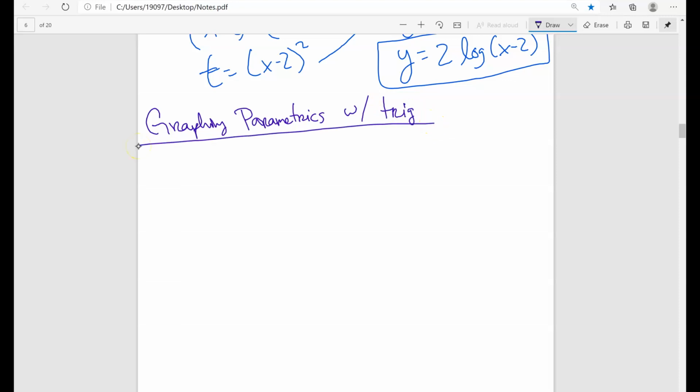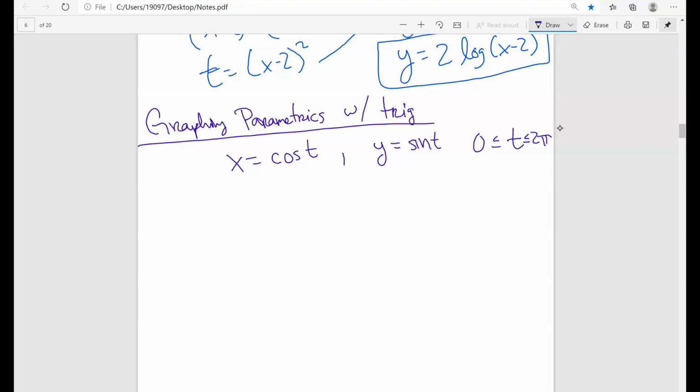Okay. So let's say we wanted to graph this. So x is equal to cosine of t, and y is equal to sine of t. And let's say here t is between 0 to 2 pi. So we only want to put in values that are from 0 to 2 pi. So we have this set of parametric equations.